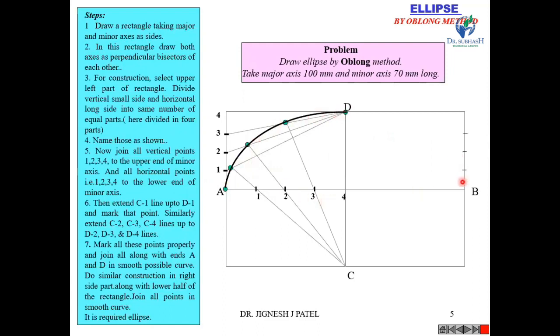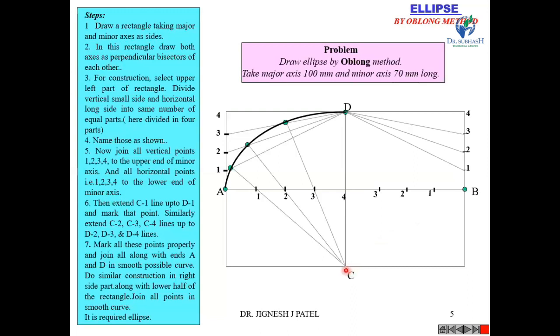Similarly, repeat the process on this side. Take the points 1, 2, 3 and 4, and on the horizontal line also the points 1, 2, 3 and 4. Now join D1, D2, D3 and D4.